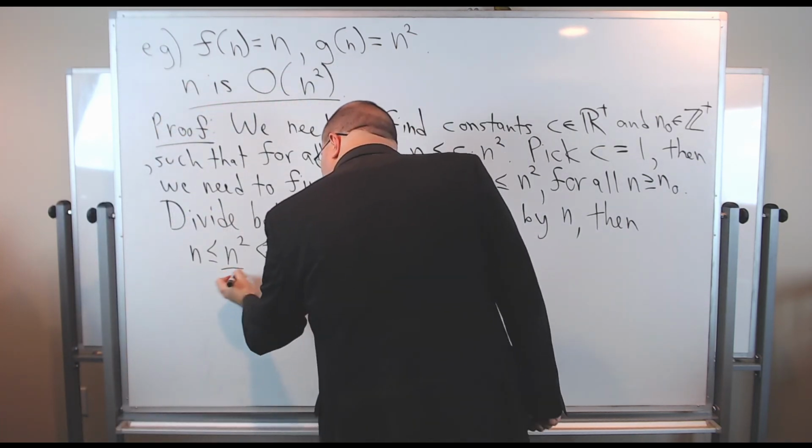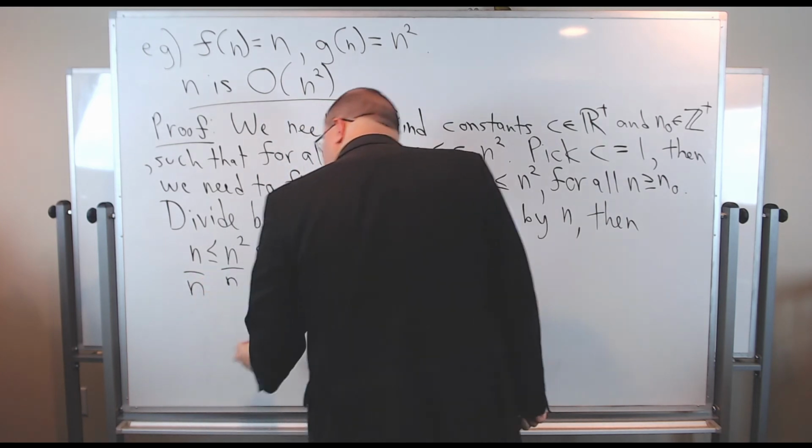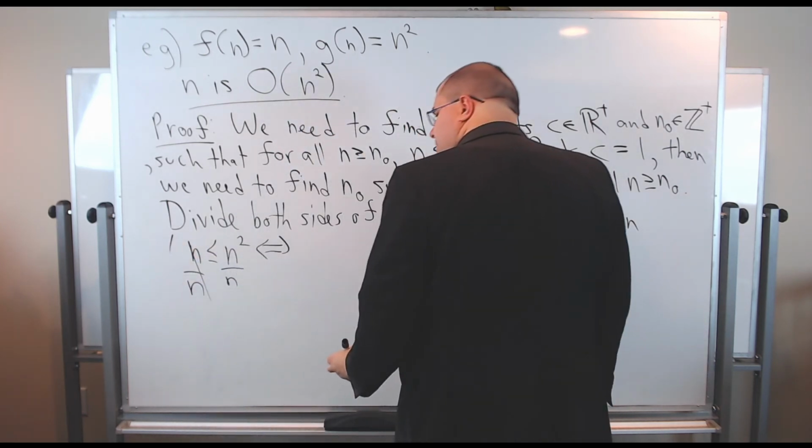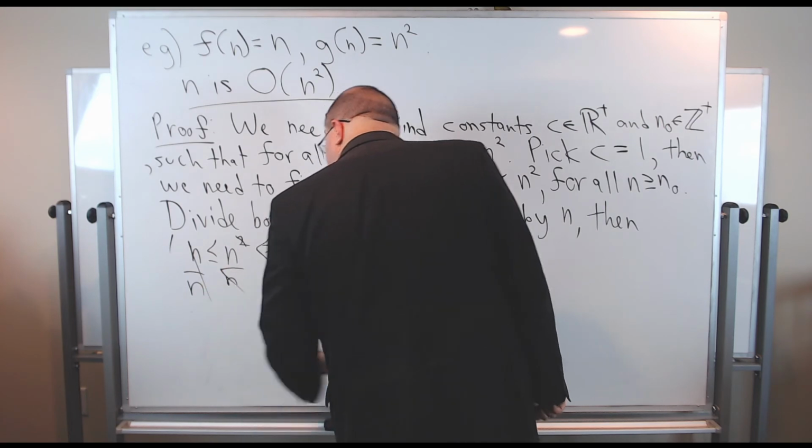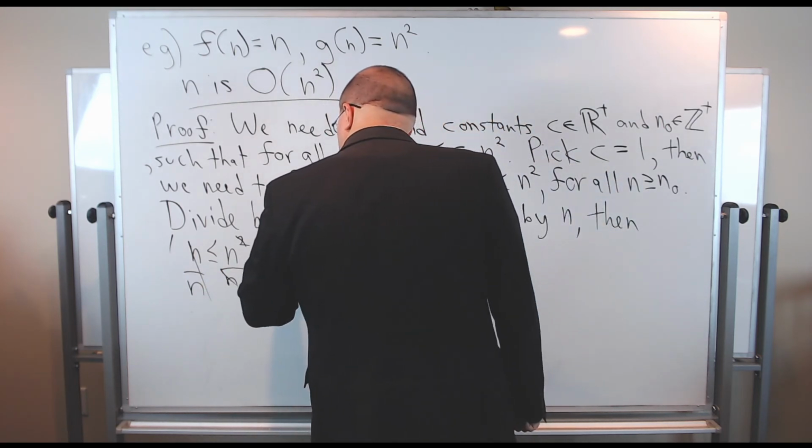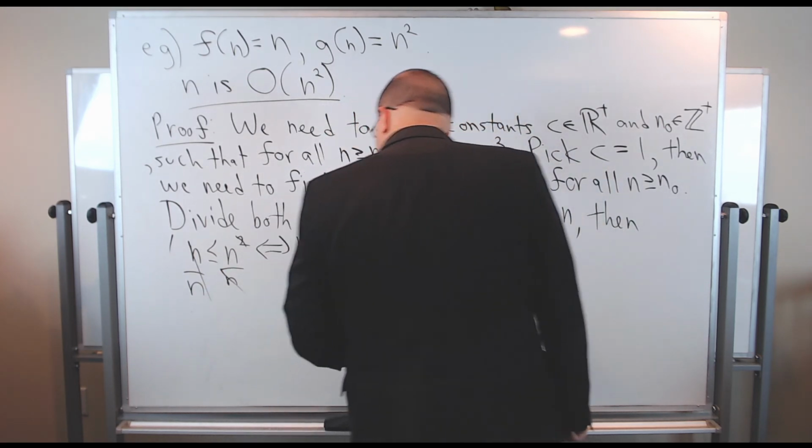If I have n here and n here, that becomes 1, and this cancels with that squared there. So you end up with n is greater or equal to 1.